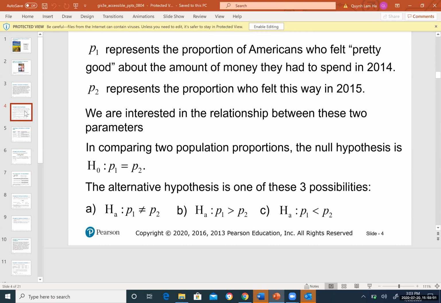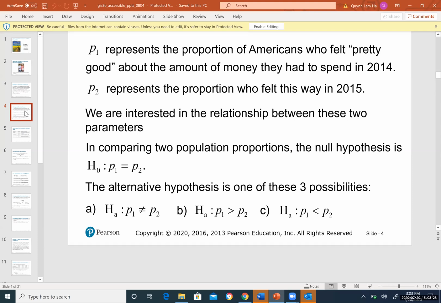In comparing two population proportions, the null hypothesis looks like this: H naught colon P1 equal to P2. Or some people might write H naught colon P1 minus P2 equal to 0. Doesn't matter. To me, you set up like this is fine too.